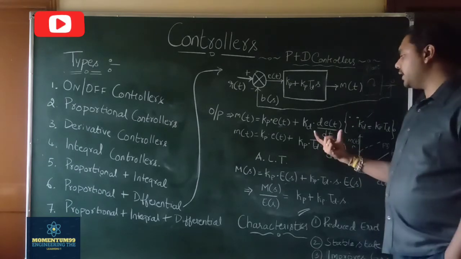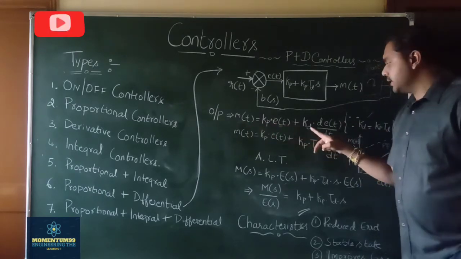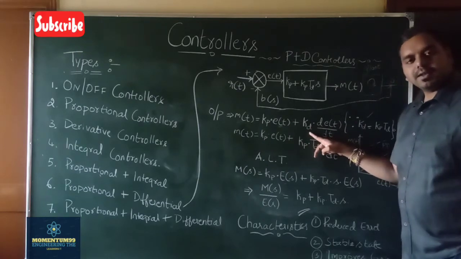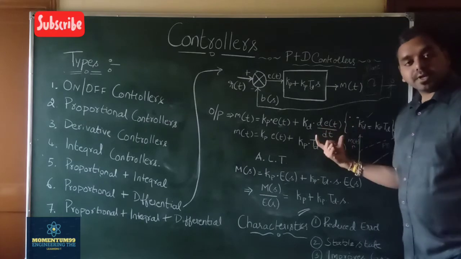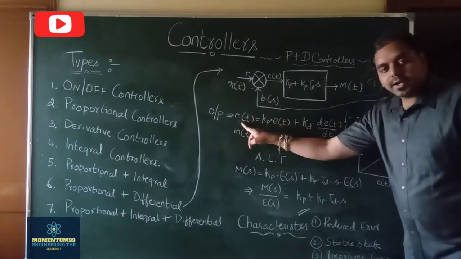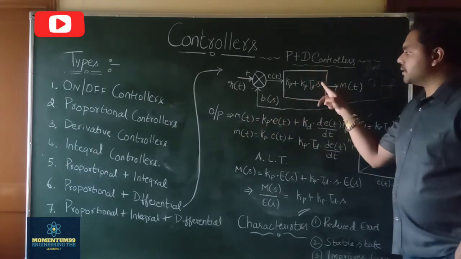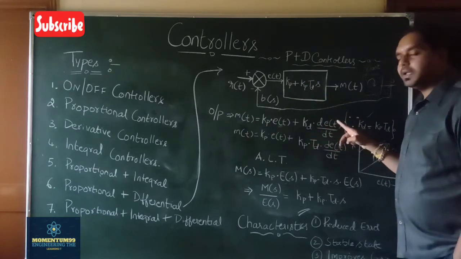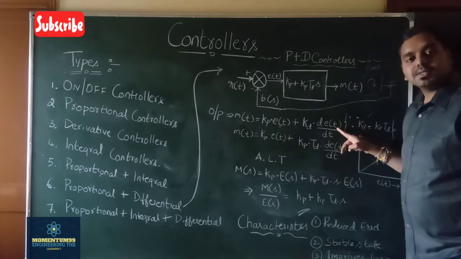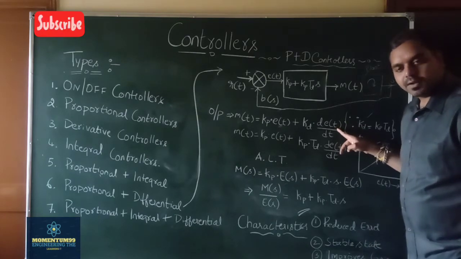Now here we will be writing M of t equals Kd, that is nothing but differential gain, multiplied by d by dt of e of t. Now this can be put in a sentence as the manipulated output in case of this P and D controller is proportional to the time derivative of the input error signal in case of this derivative or differential controller here.